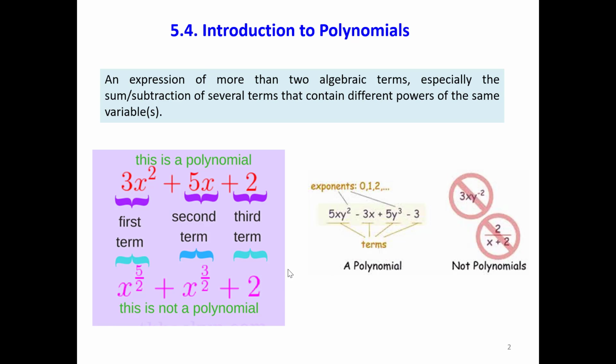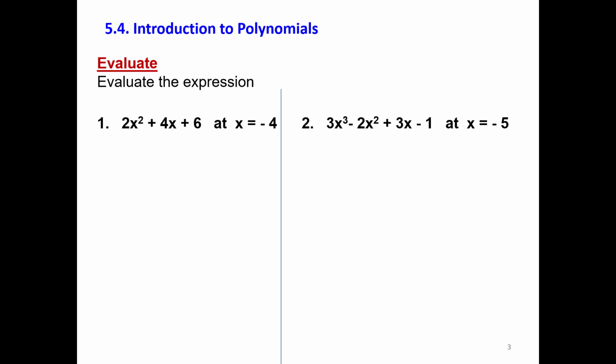Also, polynomials can contain a constant term, which is a term without any variable. It's just a number. Let's first learn how to evaluate polynomials.